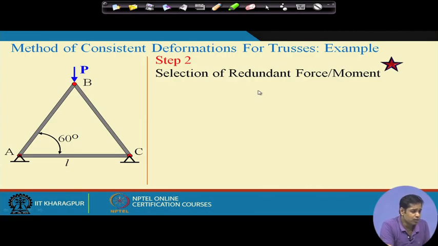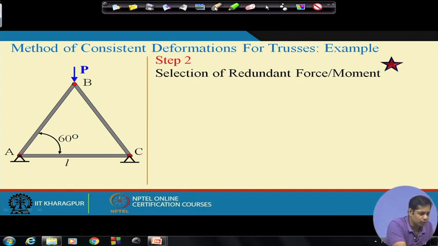you see there are 2 possibilities. This is a symmetric structure. Suppose we want to take one of the reactions as the redundant force. Now, consider joint C. At joint C we have 2 reactions, one is Cx and one is Cy, right.